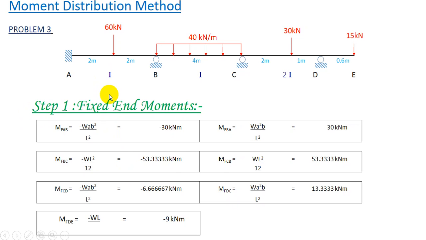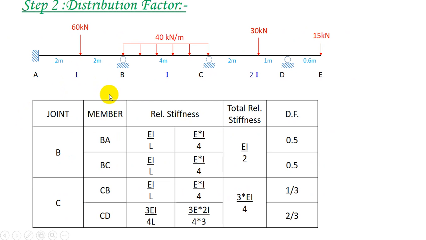Let us move on to step 2, that is finding the distribution factor. We can find the distribution factor in a tabulated manner, and the first column is basically of joint, and we have to write only those joints which are intermediate joints. In our case, A and D are my end joints and B and C are my intermediate joints.